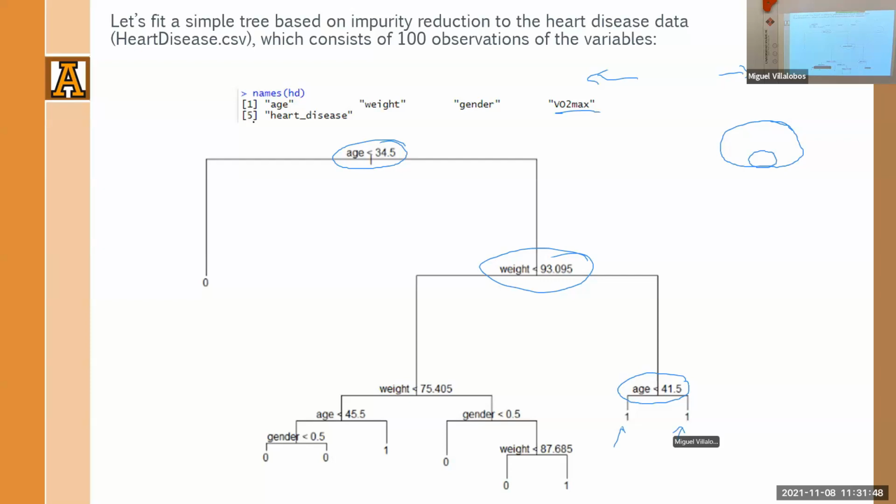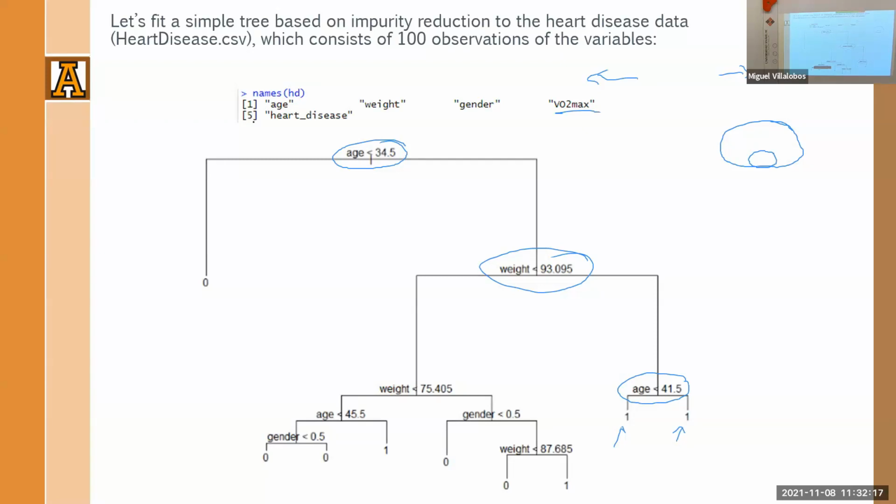Now look at this. In both branches of this last node on the right side of the tree, both are classified as heart disease. Why does the algorithm separate this and this if both have only one class? The only difference is the percentage.